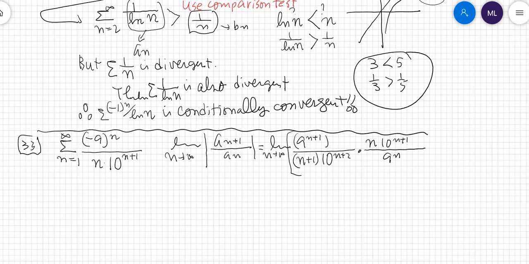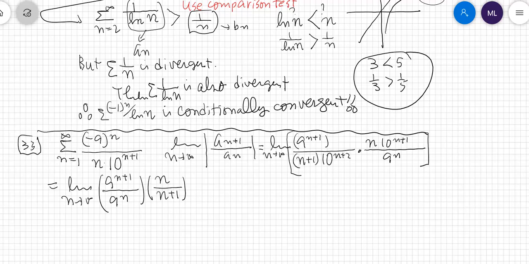Okay, so now this is the limit as n goes to infinity, 9 to the n plus 1 over 9 to the n, and then n over n plus 1, and then 10 to the n plus 1 over 10 to the n plus 2. Okay, so this is 1 over 9.